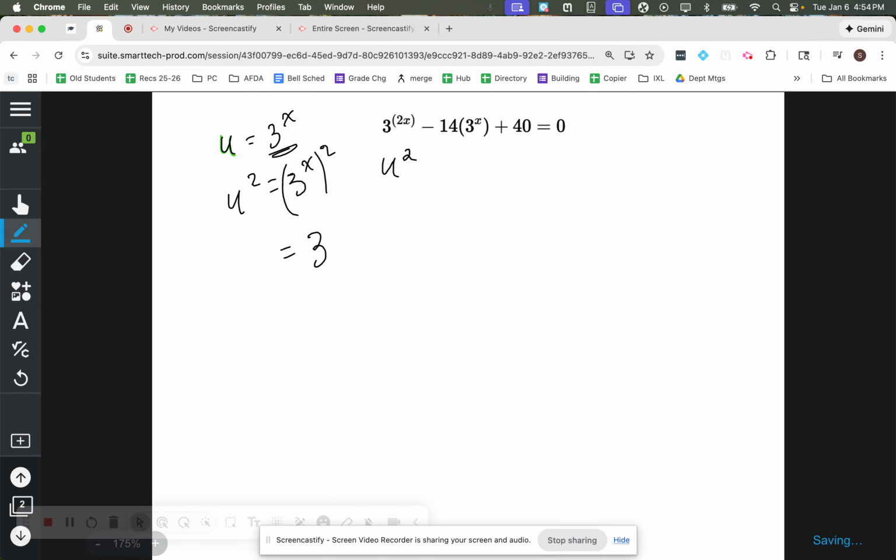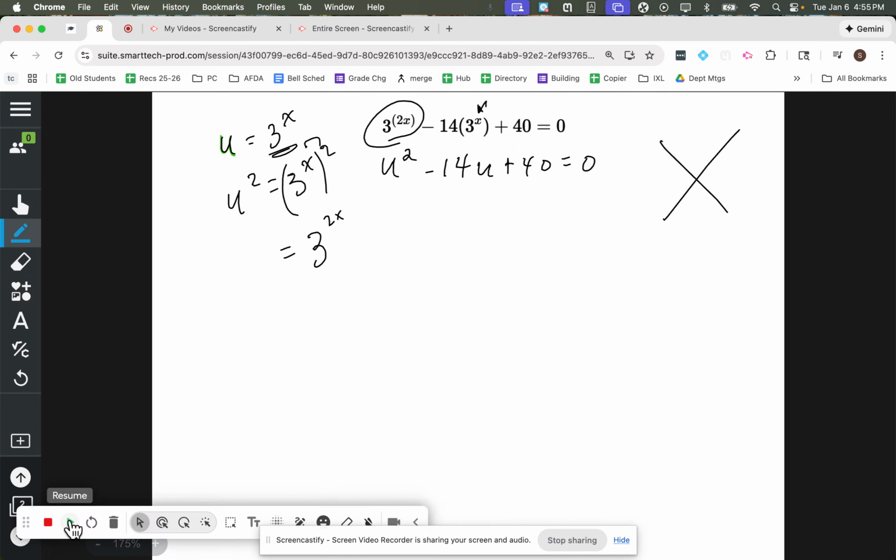That is 3, and I'm going to multiply these two powers, 3 to the 2x, which is what that is. Okay, so u squared makes that happen. And here's 14, and I'm going to say u because there's my 3 to the x, which is u, plus 40 equals 0.